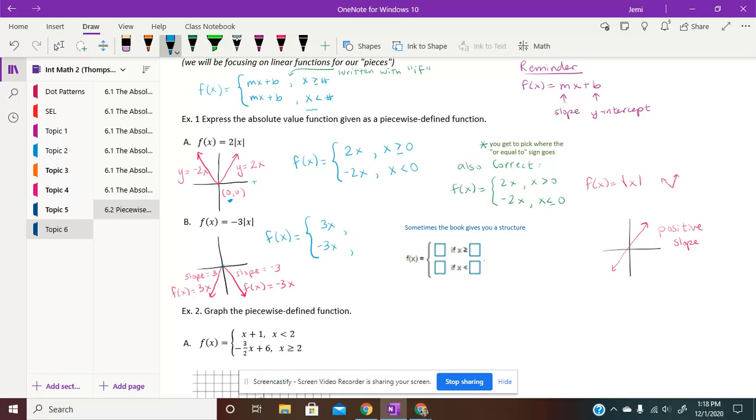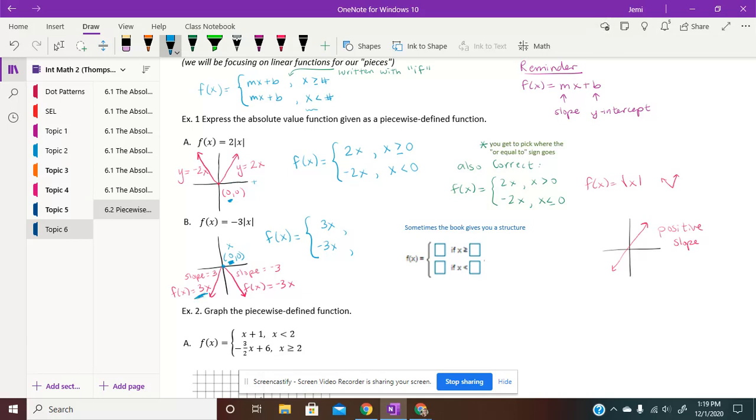This piecewise function changes from one function to the other at the vertex. That's where I change direction. What's the x value? I always want the x value when I'm talking about the condition. So let's see. y equals or f of x equals 3x.